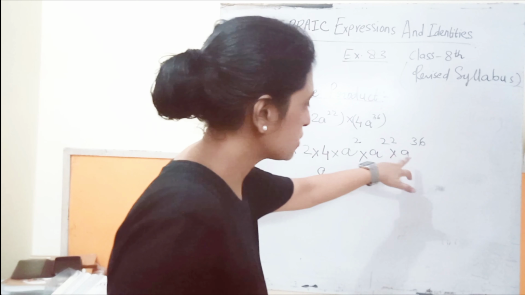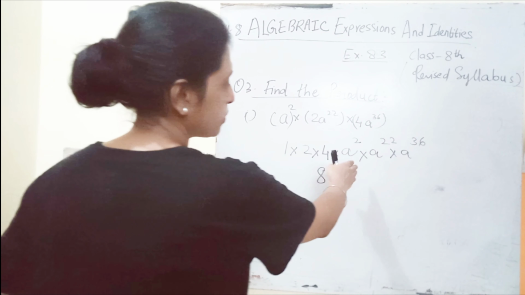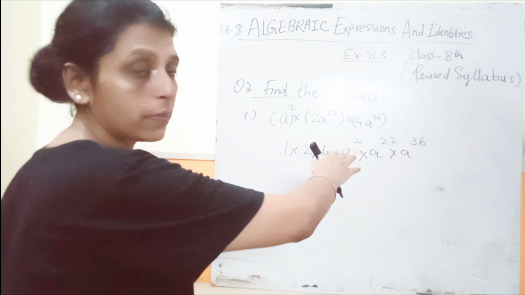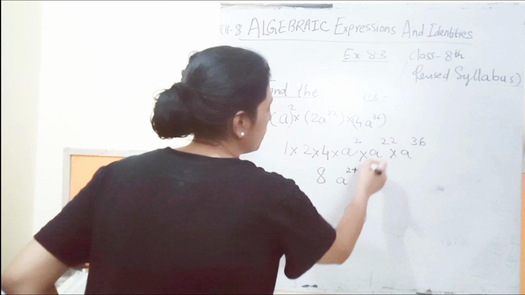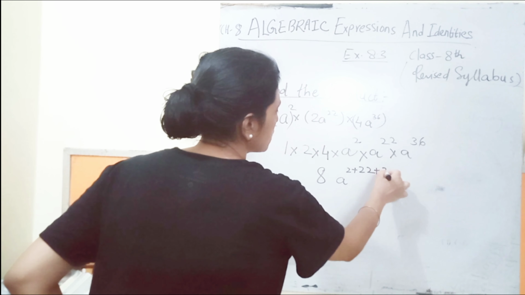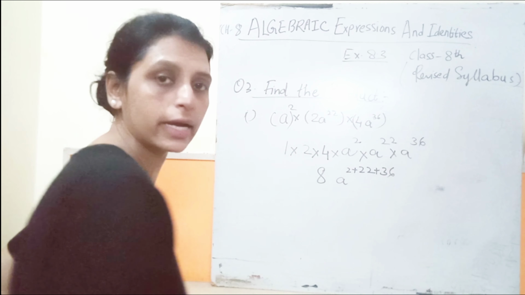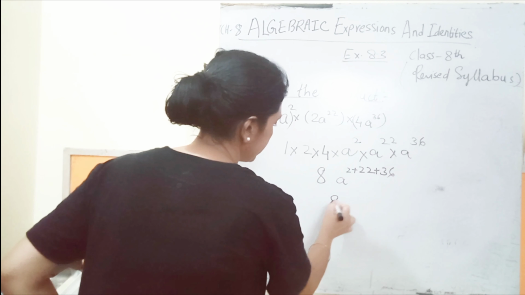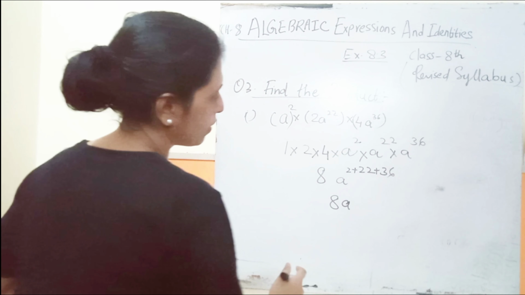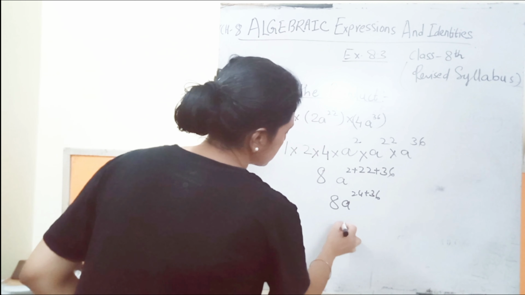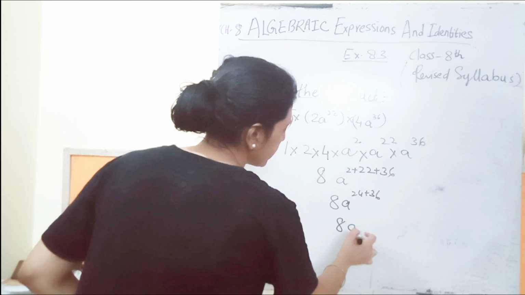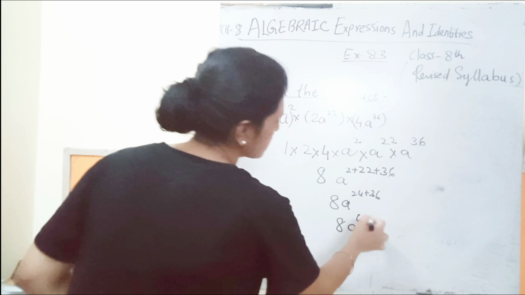When the bases are same and the multiplication operation has been applied, then the powers will get added. Okay, so 2 plus 22 plus 36, all the powers will get added. So it will be 8a raised to the power 24 plus 36. That gives us 8a raised to power 16.